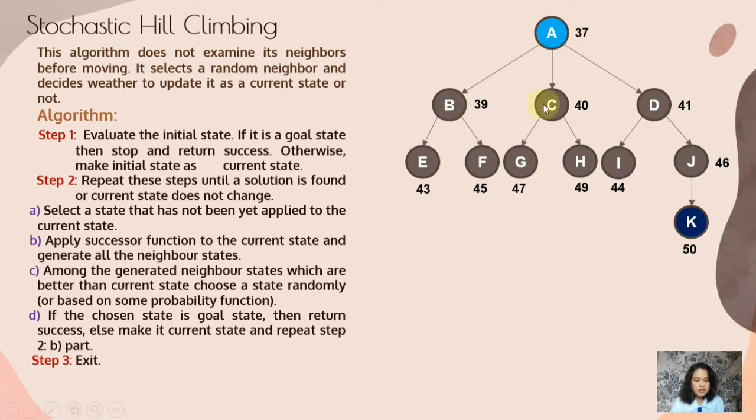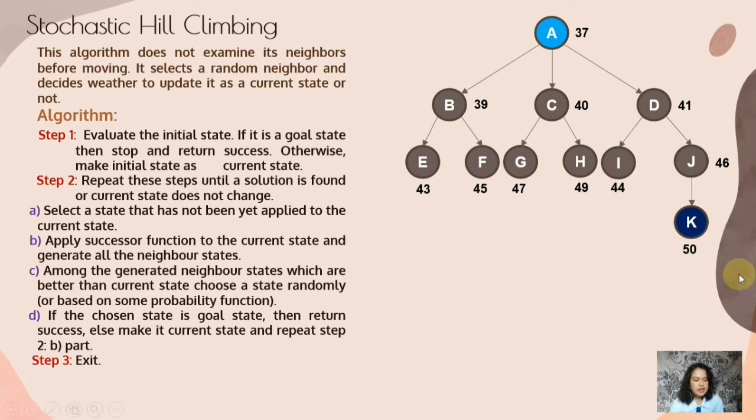So mag-choose siya randomly sa iyahang neighboring states or the child nodes between 39, 40, 41. Since ang values 39, 40, 41 is better than 37, mag-choose siya randomly nilang tulo. So for example, nag-choose siya randomly ni D.